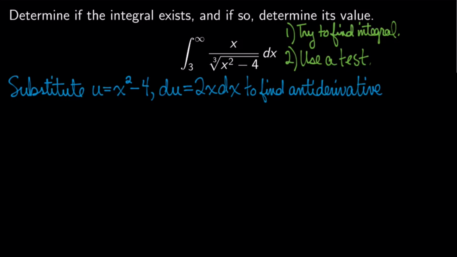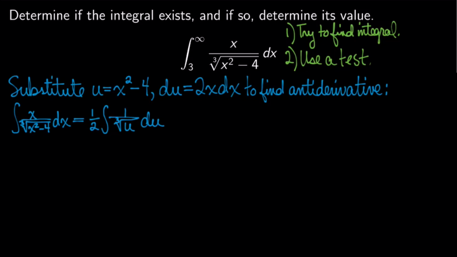To try to just find the integral and see what it's equal to, I'm going to do a substitution here. I have u equals x squared minus 4, so that du equals 2x dx. And then my integral is going to transform to 1/2 times the integral of 1 over the cube root of u. And just a note on where that's coming from.